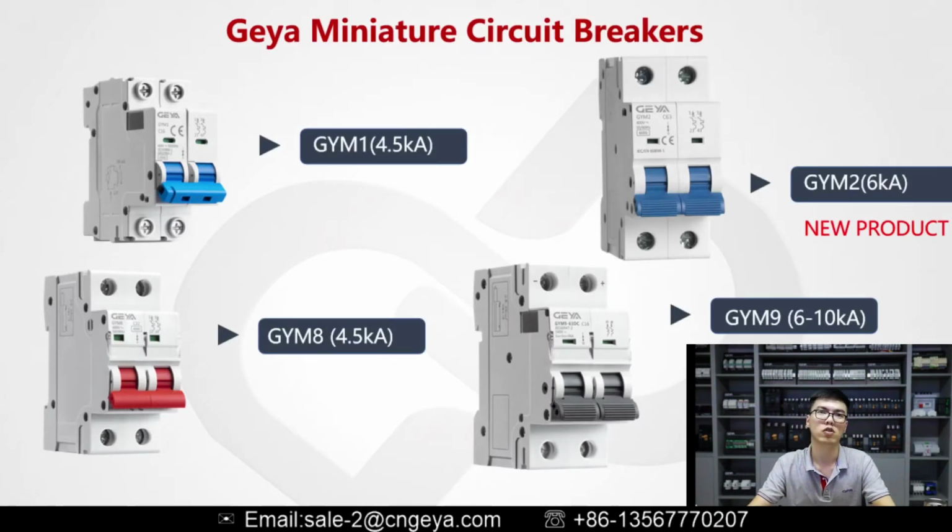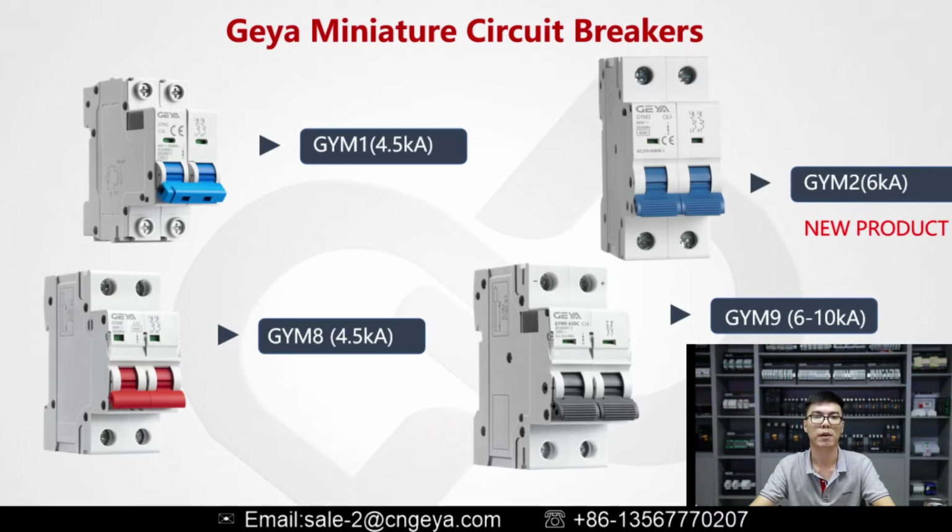I have mentioned we have several different model numbers of miniature circuit breaker. Here you can see the different models: GM1, GM2, GM8, GM9. GM1 is our old model. It is 4.5 kA. And GM2 is our new product. We specially designed it for 6 kA.